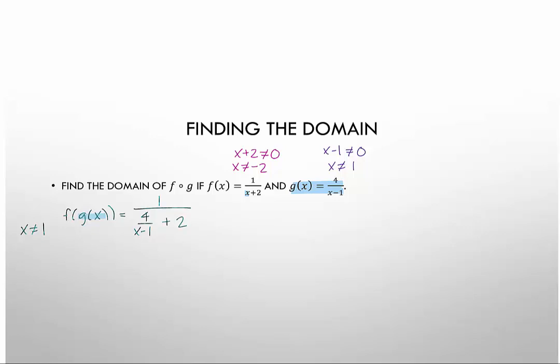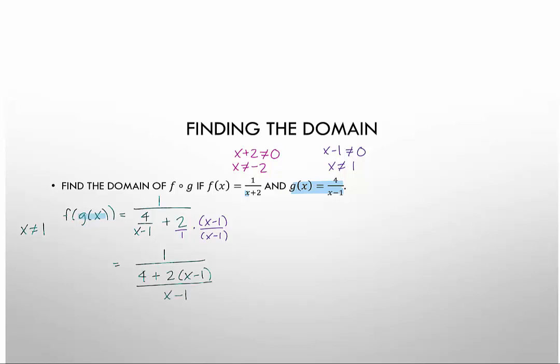So what I'm going to do now is combine this, make it all pretty so I don't have a fraction in a fraction, and then look to see what the domain is going to be. To do that, I need to multiply this 2 by x minus 1 over x minus 1 so I can get a common denominator. When I do that, the 1 is over 4 plus 2 times x minus 1, all over x minus 1.